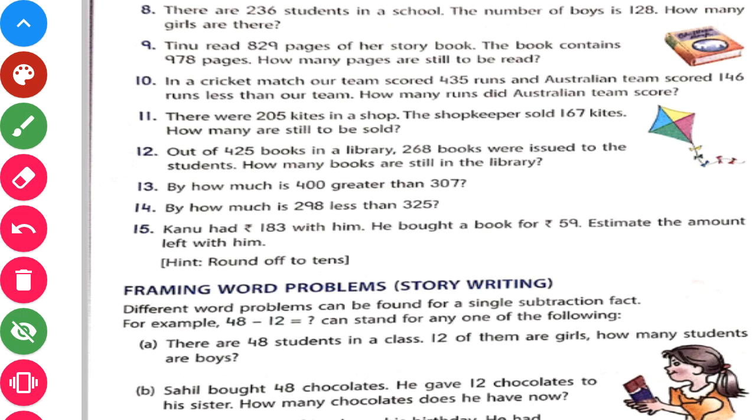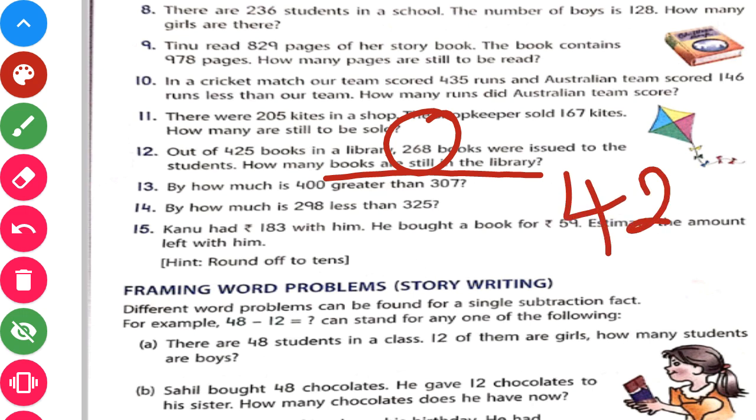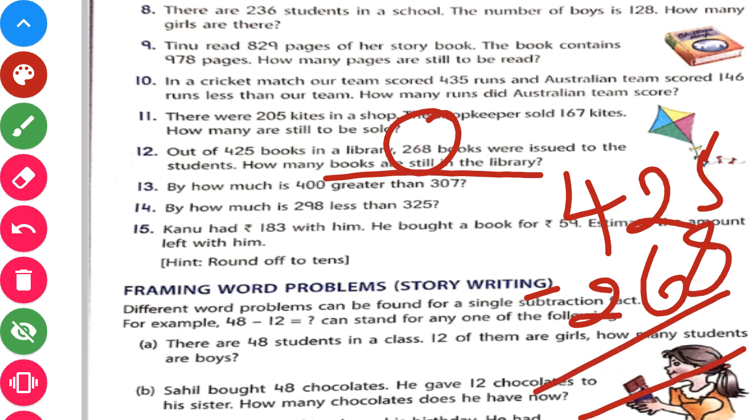So total number of books in library equal to 425 and number of books issued equal to 268. What we will do? We will subtract 425 minus 268. Now, this question you will do completely yourself.